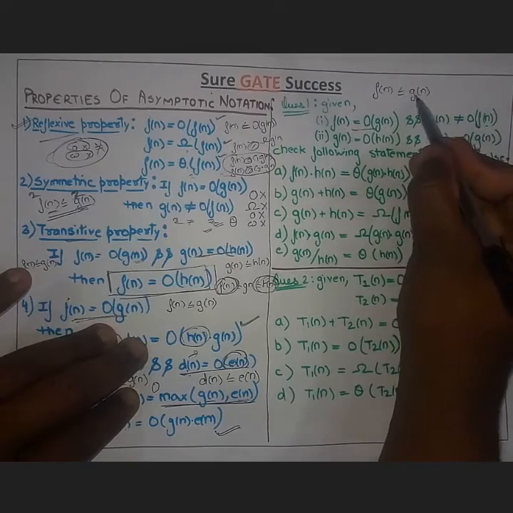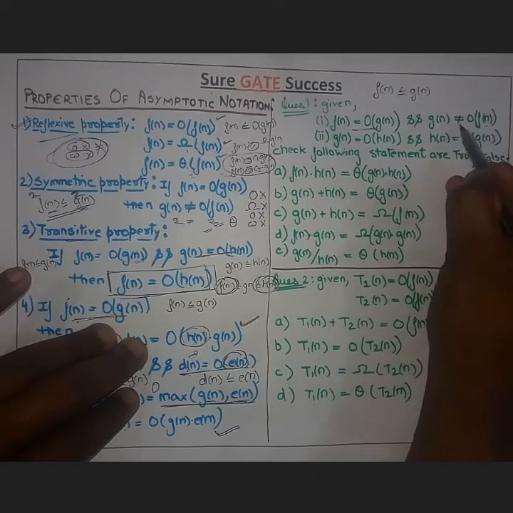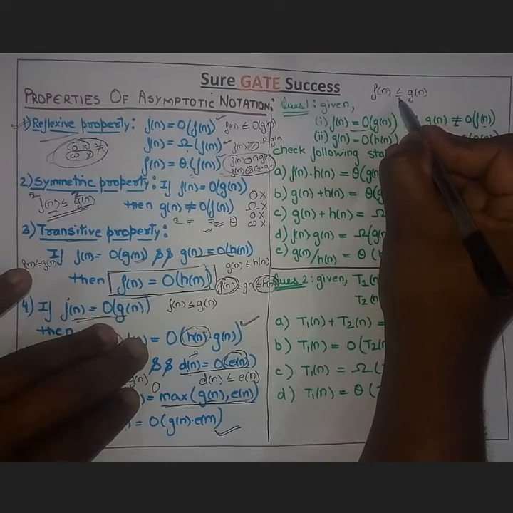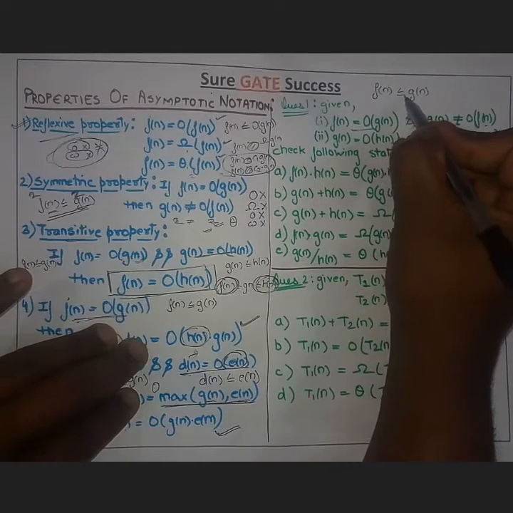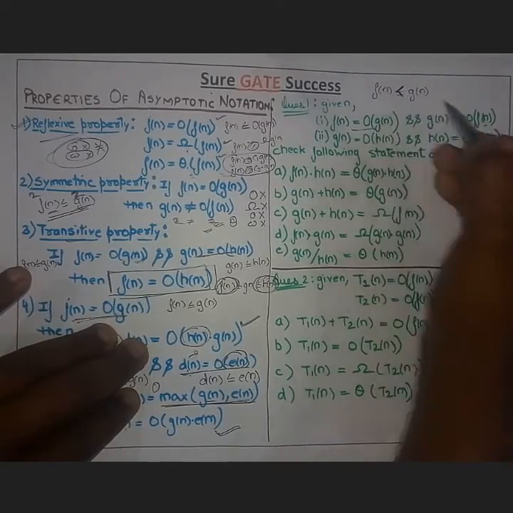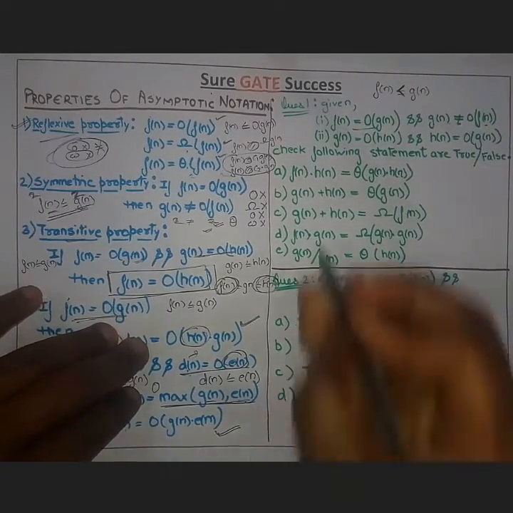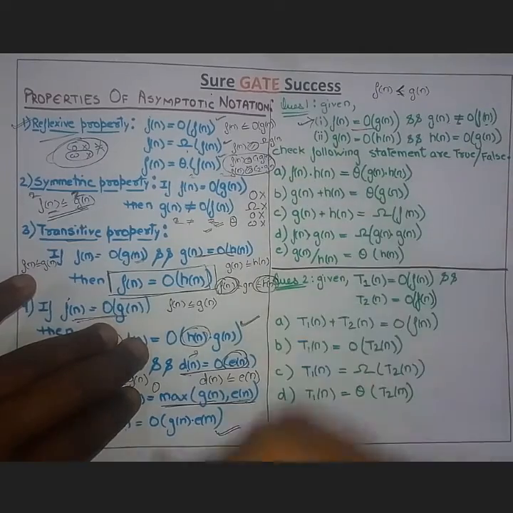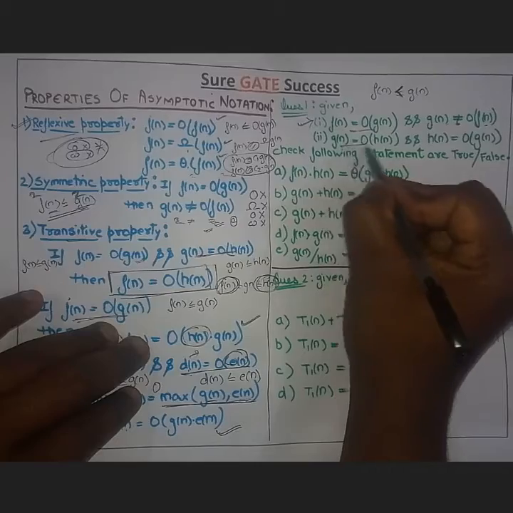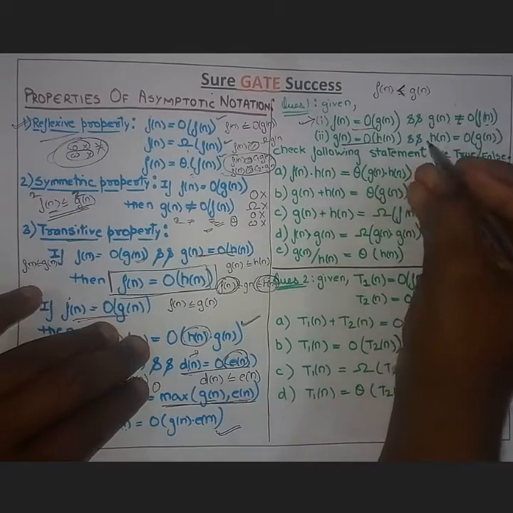So there is no chance that g(n) will be less than, but it is indicating that it does not have to be equal. So if it does not have to be equal, what will it be? f(n) will be strictly smaller than g(n) from the first one. From the second one, what we have is g(n) is big O of h(n).